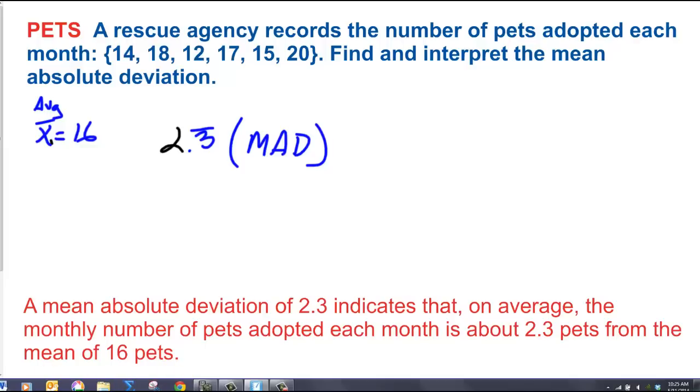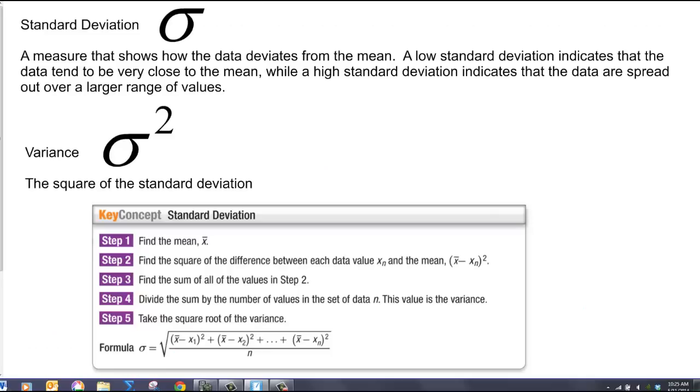Now, the mean absolute deviation is one number that describes the spread of numbers from that mean. The most commonly used number to describe that is something called the standard deviation. And this symbol is the symbol for standard deviation, and they call it sigma.